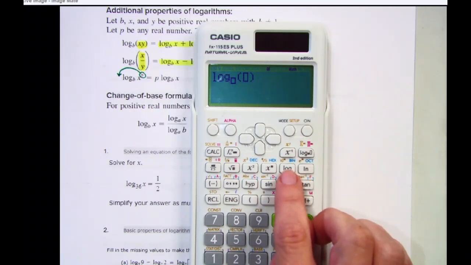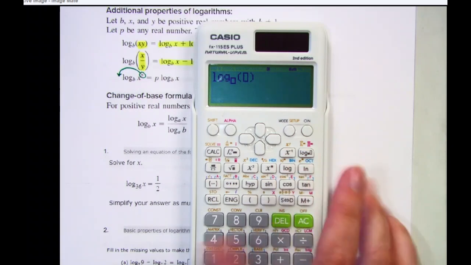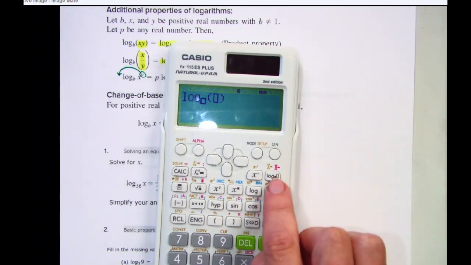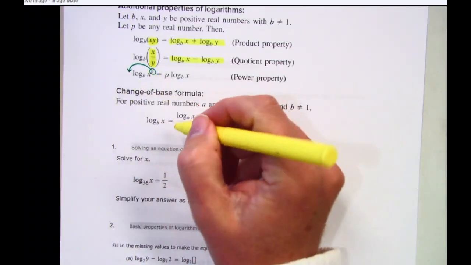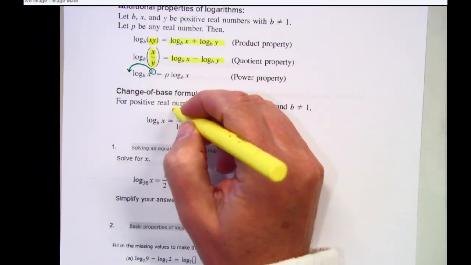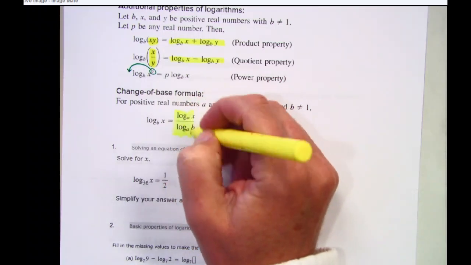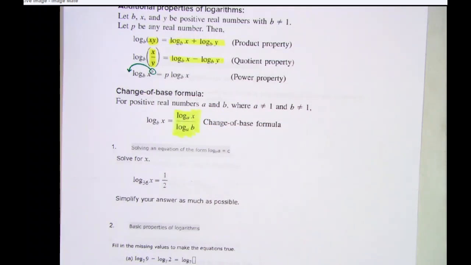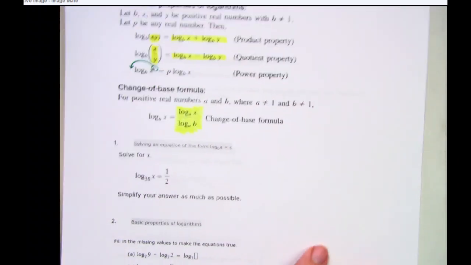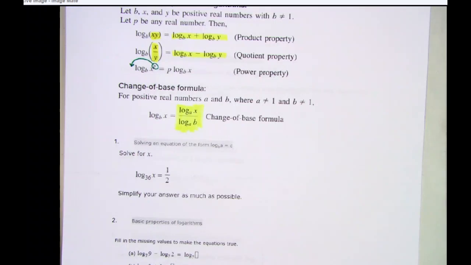Always base 10, because our number system is base 10. So if they give you a different base and they want you to calculate it, you're welcome to use that button, or this is the old school way. You just make a little division problem and you'll get the same answer.